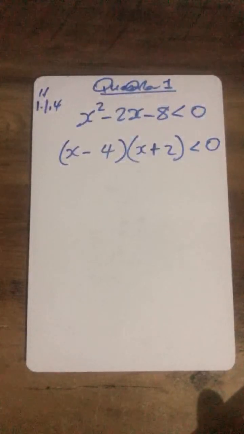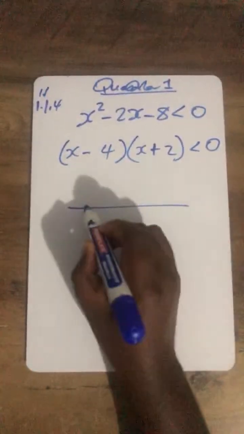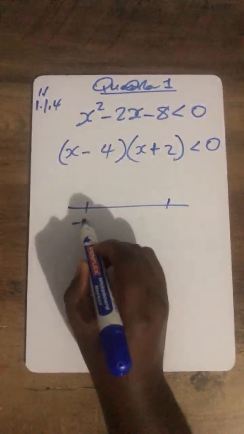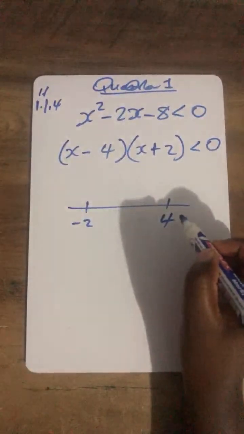there are multiple ways in which you can present your final answer. Otherwise, you can still do that on a number line. I am still going to teach you this, honorable members, where you have a negative 2 there, and then 4 on that other side.